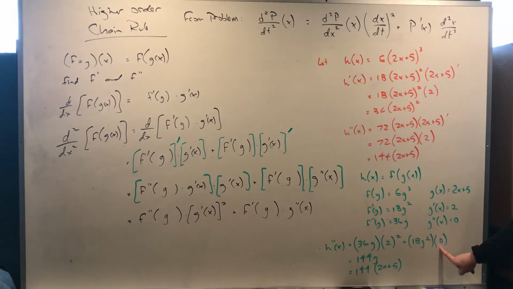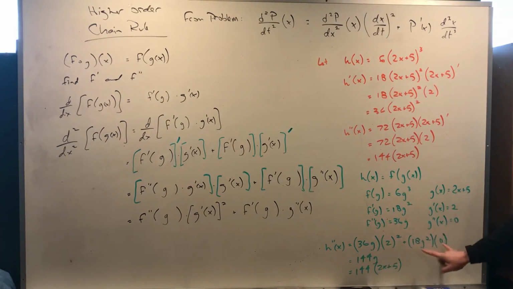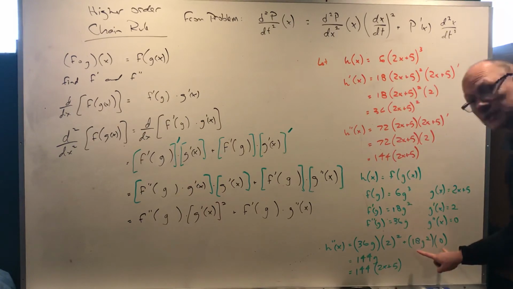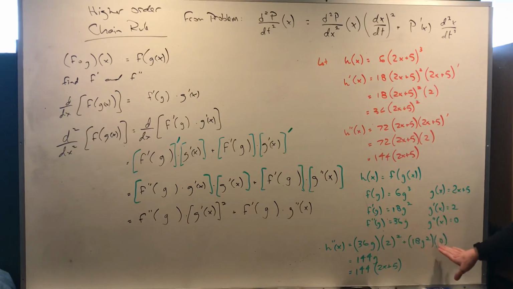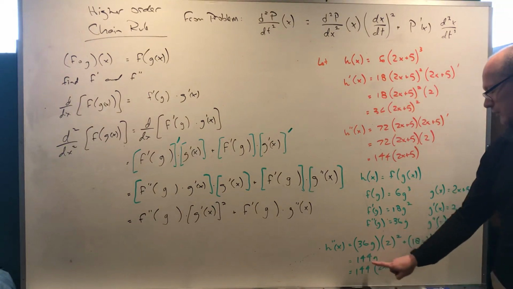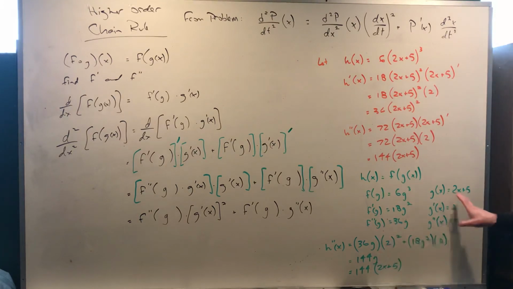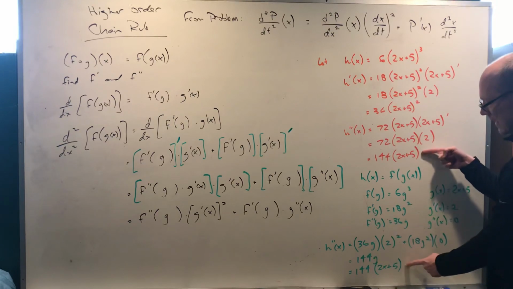And simplifying this, the g kind of rides along until we get everything simplified. This is 0, this drops out, which is very similar to the one that you're working through where your acceleration is 0. That drops out. You've got 4 times 36 is 144g. What is g? Oh, that's right. g is your 2x plus 5. We have our 2x plus 5, which happens to be the exact same thing as this.